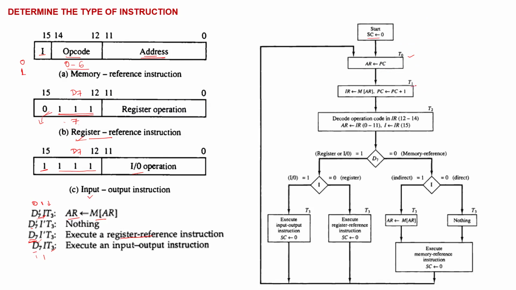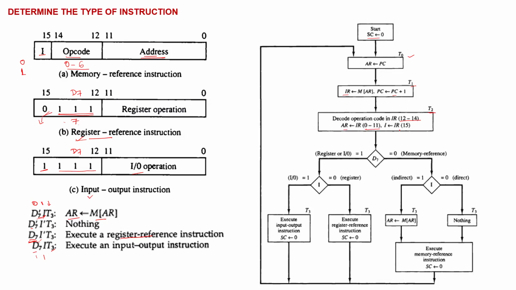During T1, the contents of the memory are transferred to the instruction register, and at the same time the program counter is incremented with the next address to be executed. During T2, the decode operation takes place. Bits 12, 13, 14 of the instruction register are decoded with the help of a 3 cross 8 decoder. Finally, the contents of instruction register bits 0 to 11, the address bits, are transferred to the address register.